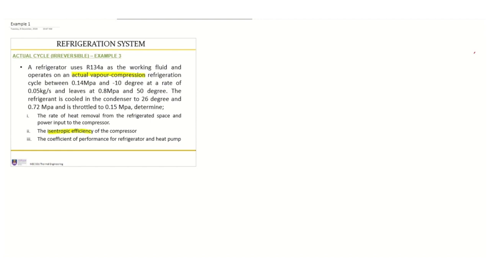So first what we need to do is draw the TS diagram. So let's draw the TS diagram.